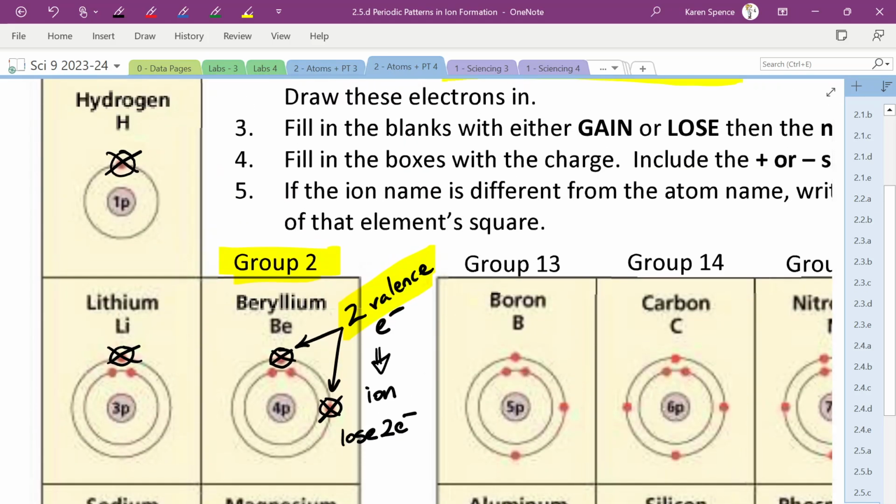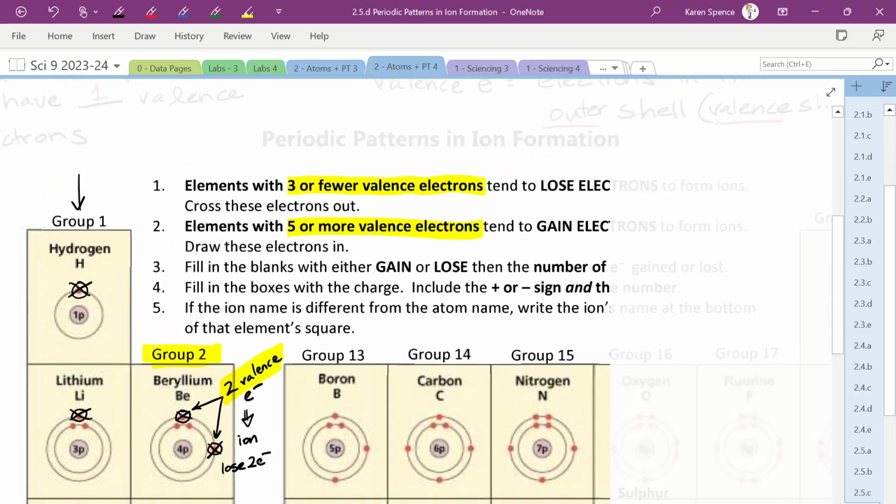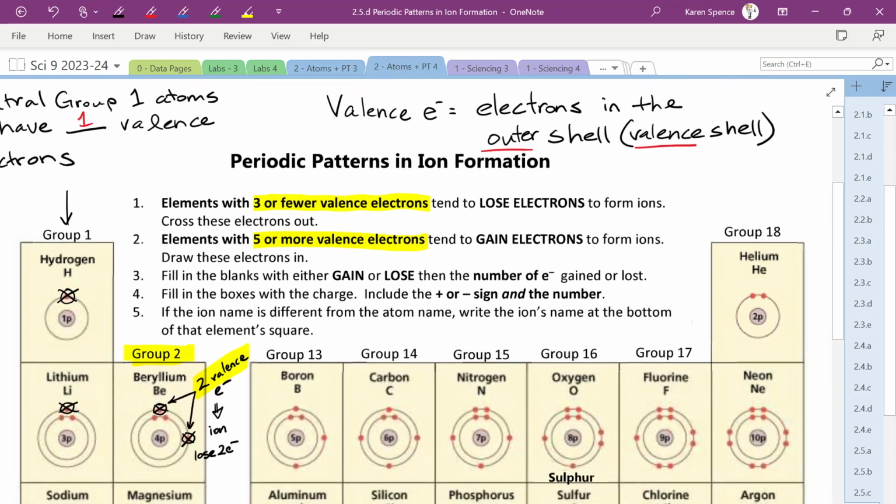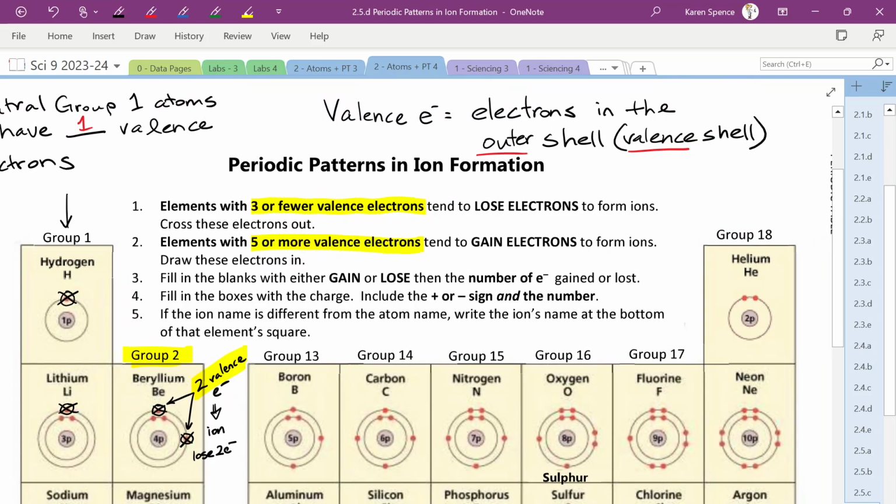You notice I just chopped them out, and we're skipping all the way over to group 13. Actually, while we're here, what would we call all of the elements that are here right now? Groups 1, 2, and then 13 through 18. What do we call those groups together? Those are our main group elements. So right now we're only looking at the main group elements.